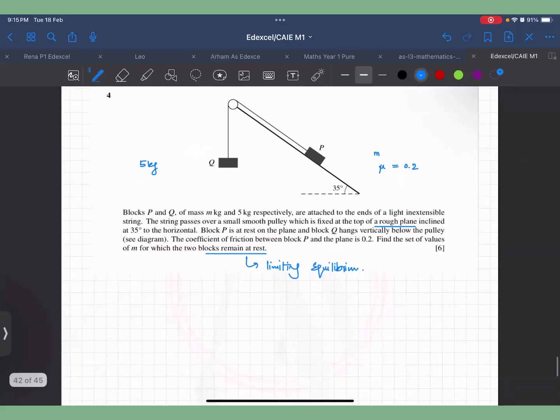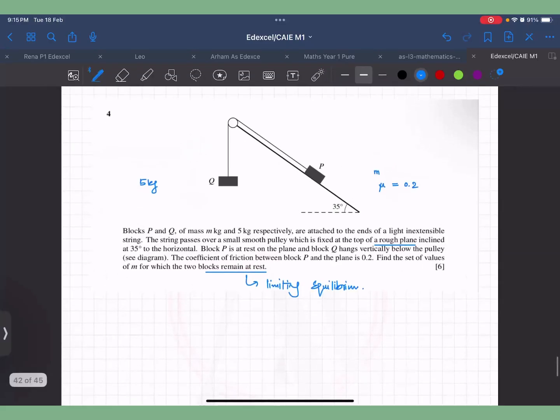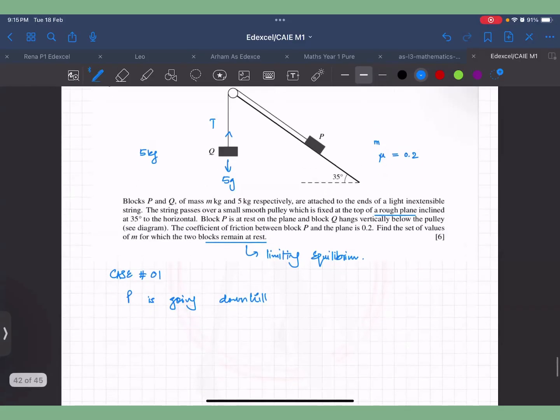If we write out the forces, for Q this would be 5g downwards, and upwards would be tension. Let's do case 1, when P is going downhill.